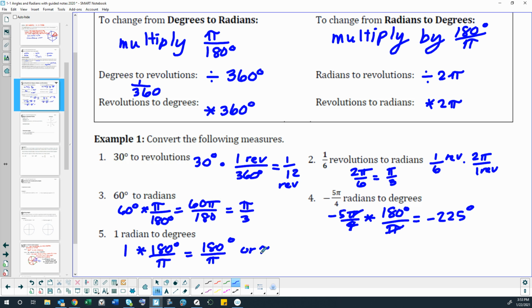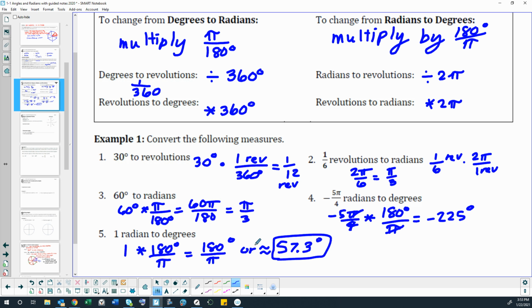Or if we'd rather get an approximate answer, we can use a calculator and do 180 divided by a value of pi, as many decimals as you want to do. I'm trying to find pi on my calculator. Oh, there it is. And I got 57.295779551. So 57.3 degrees.